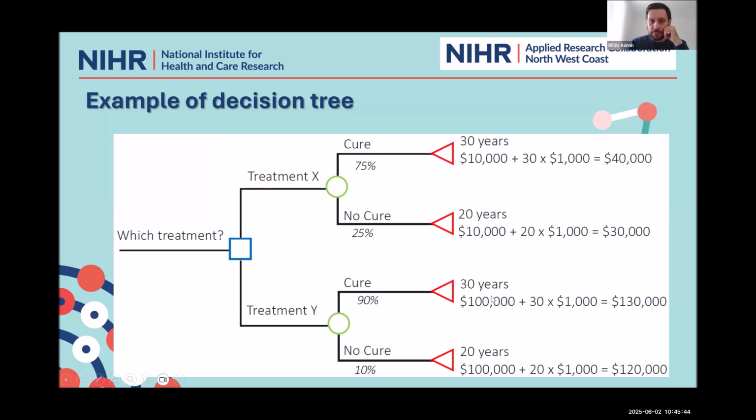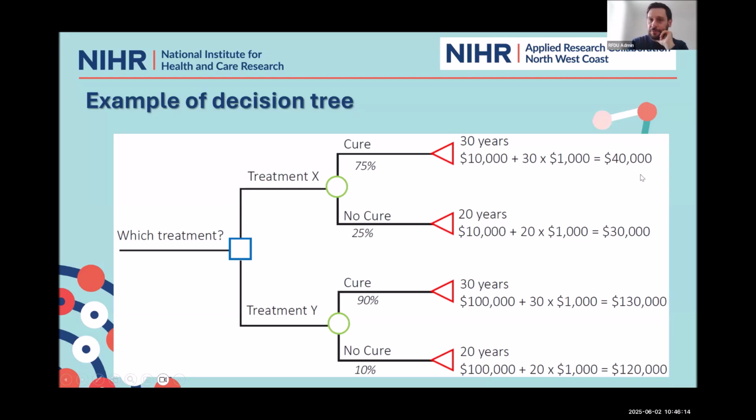And the same for treatment Y. Cost instead, the treatment cost for treatment X will be $10,000. So the initial cost will be $10,000 plus for every year of my life, there will be $1,000 per year. So each year, I might have some consultations, some medication, which are going to cost, let's say, the healthcare system $1,000. Per 30 years, that means $30,000 plus the initial $10,000.